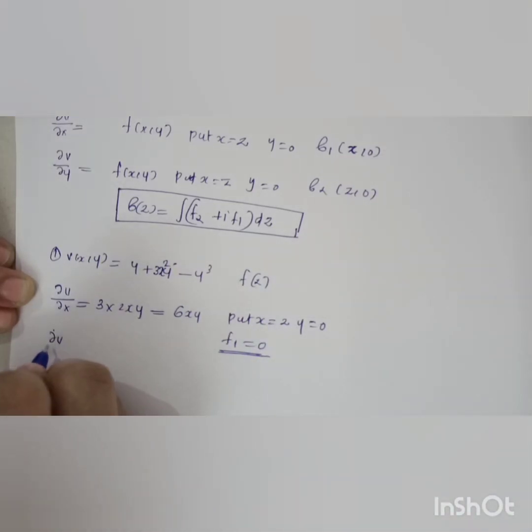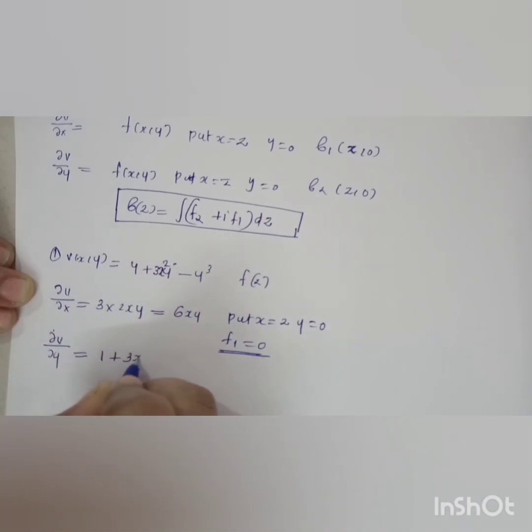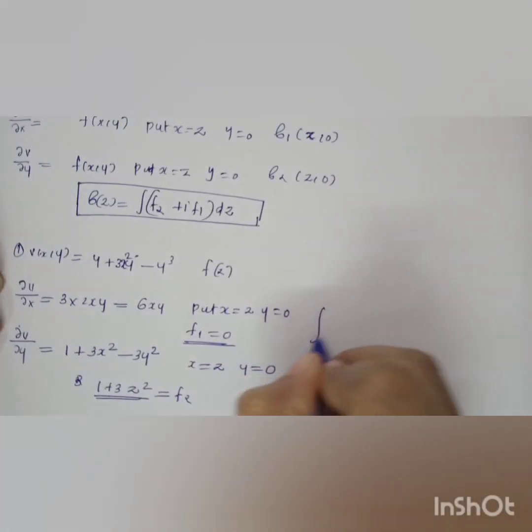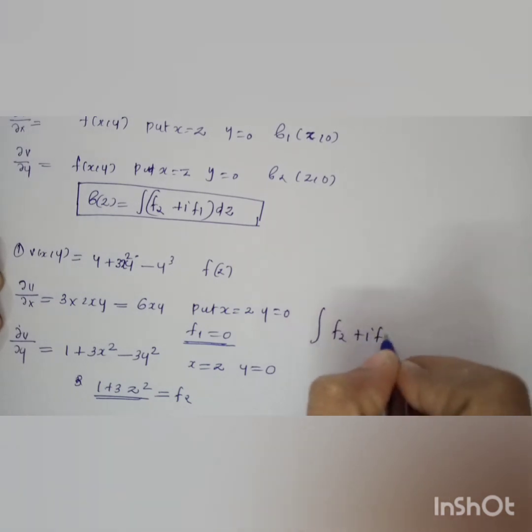Dou v by dou y is 1 plus 3x square minus 3y square. With x equal to z, y equal to 0, that is 1 plus 3z square. So this is f2. The formula is integral f2 plus i f1.